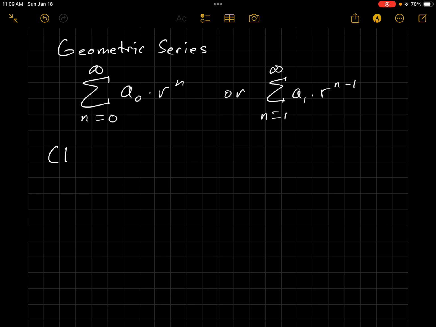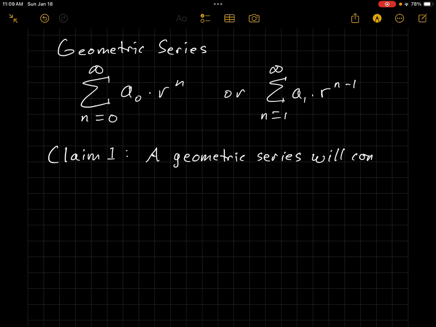So I have two claims I want to make. The first claim is that a geometric series will converge under certain circumstances.